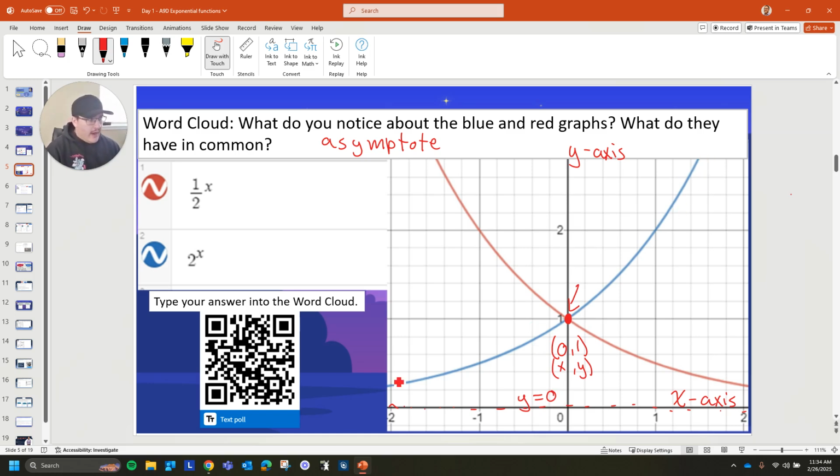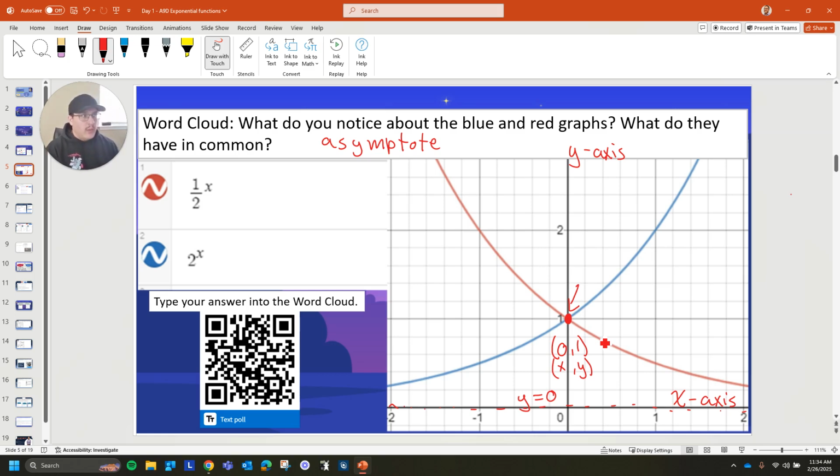We also notice how the red and blue lines seem to have the same rate of ascent or descent, meaning the same look going up and going down. They both curve at particularly the same rate. So those are some things that you may notice that they have in common.